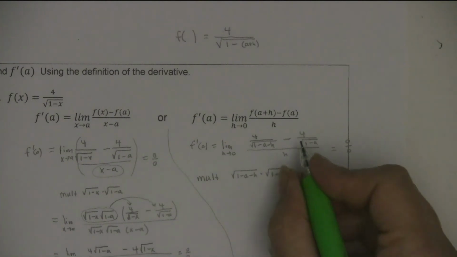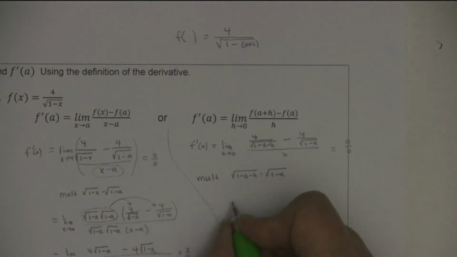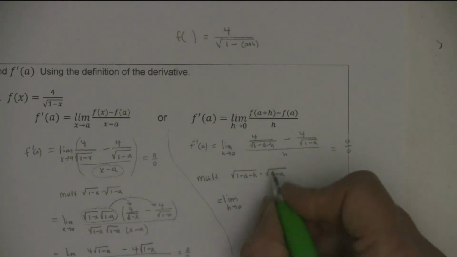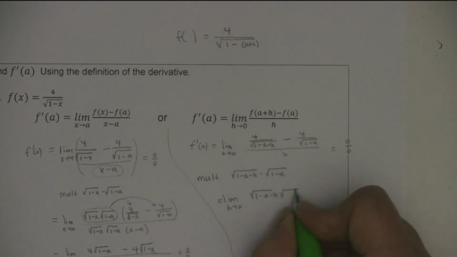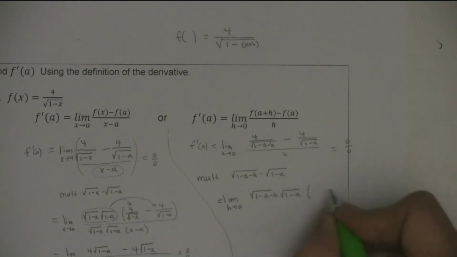So when I do that to the top and to the bottom, this is my derivative. I'm going to have this binomial just like I had before.